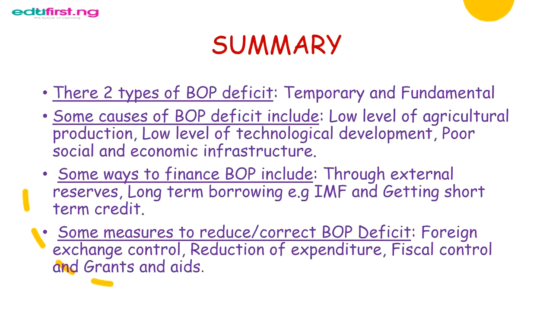We looked at the ways through which B.O.P can be financed: through external reserves, long-term borrowing, or getting short-term credit. Then we looked at measures to reduce or correct balance of payment deficit, which include foreign exchange control, reduction of expenditure, fiscal control, or grant and aid.